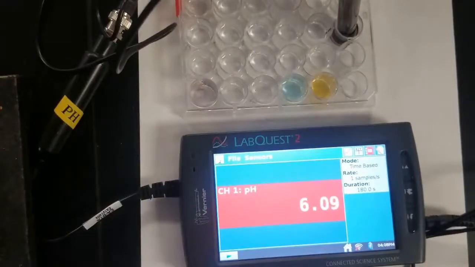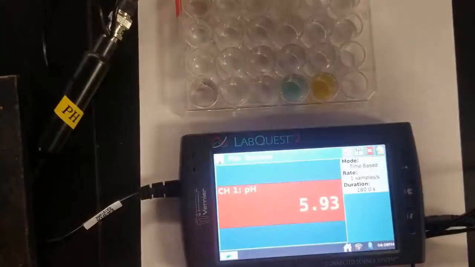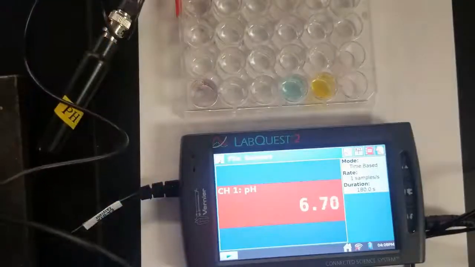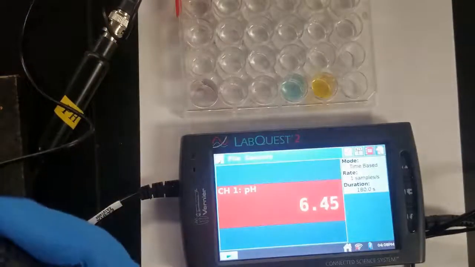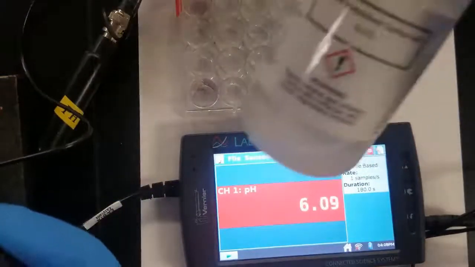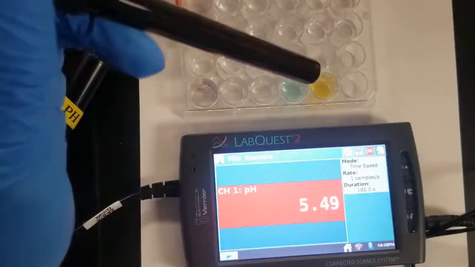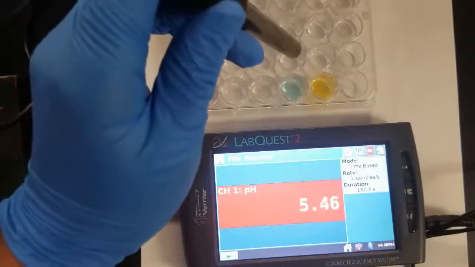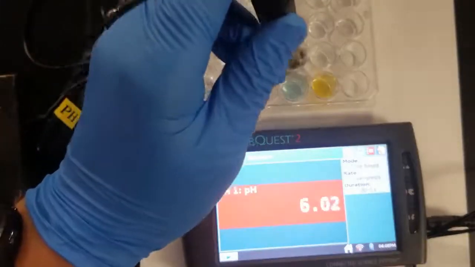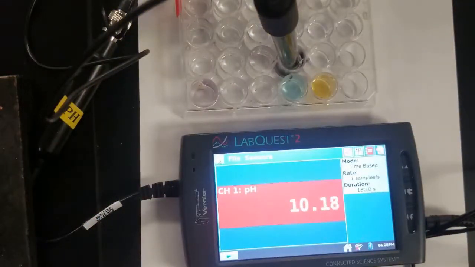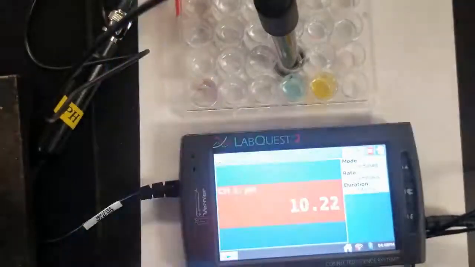And we can see it's a pH below 7. Remember, this is just qualitative, so we're just trying to see if these salts are acidic or basic. Next up, we have potassium carbonate. And we can see a pH well above 7.